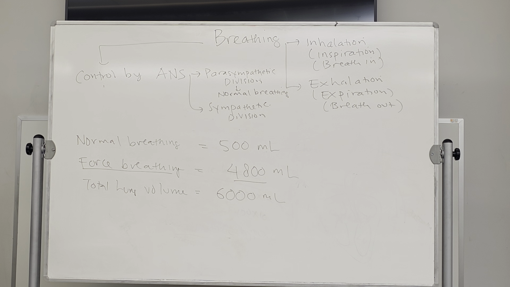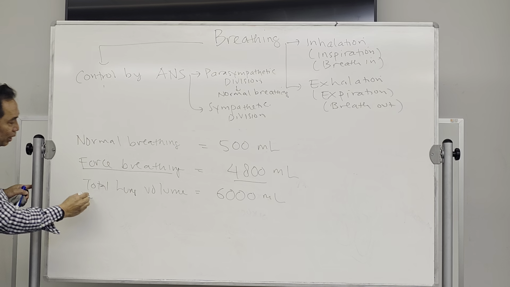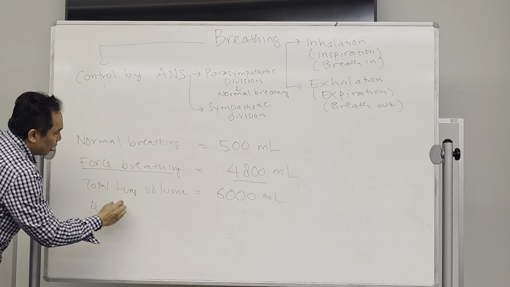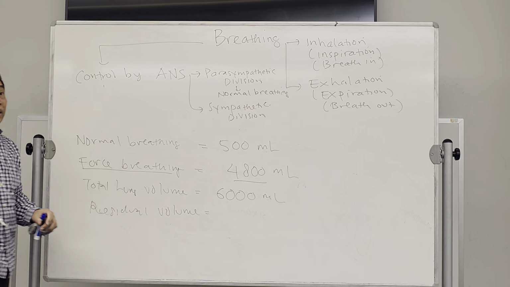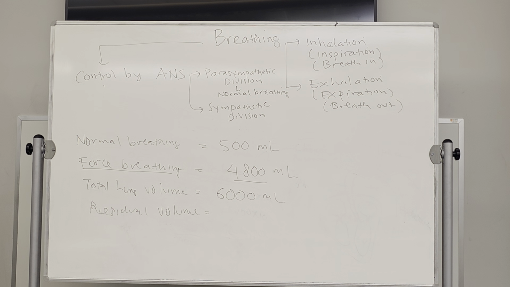Then you still have some left in the lungs, right? That's what we call the residual volume. Just like, for example, you have an inflatable bed at home, you try to push all the air out, I believe you will not be able to do it. There is still some air left in the inflatable bed, right?